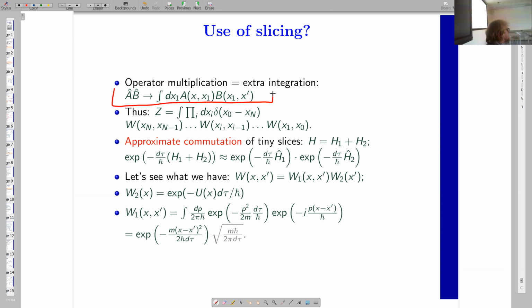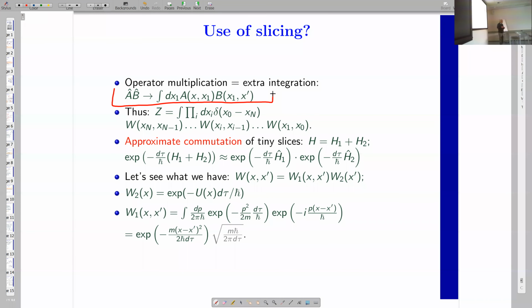Wonder if you can swallow that. It's how operator multiplication is written in terms of integration. Nothing very complex if you recall how you multiply the matrices.